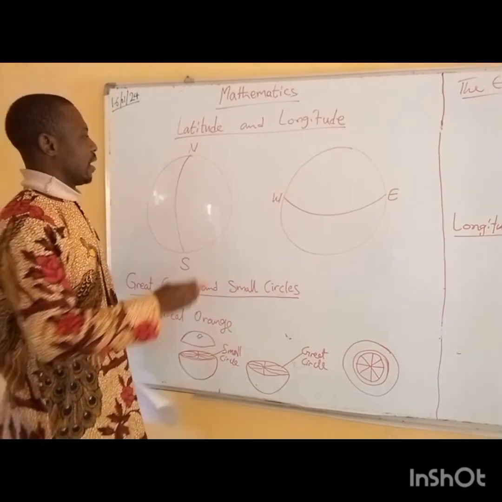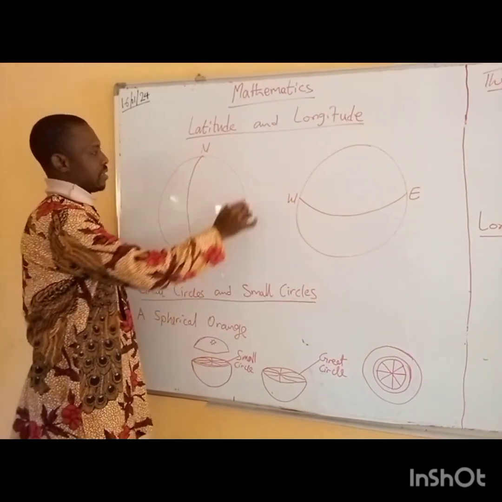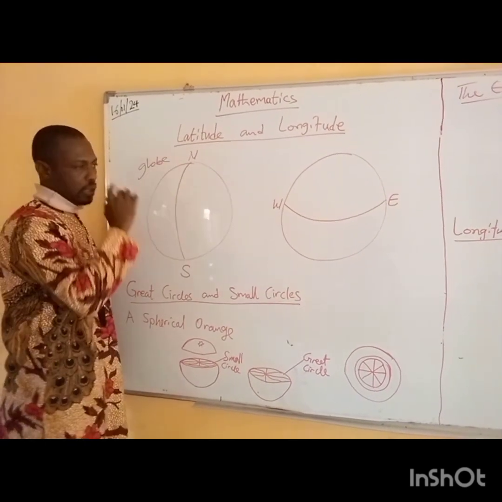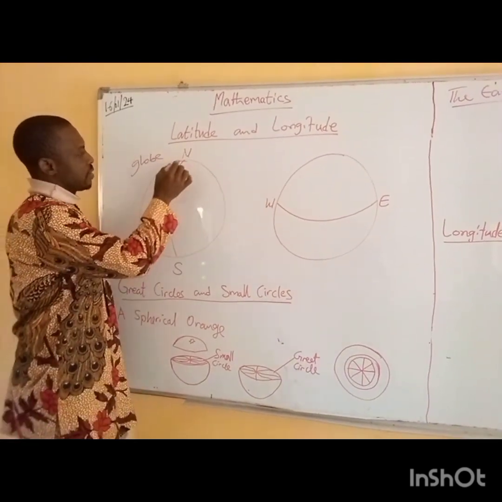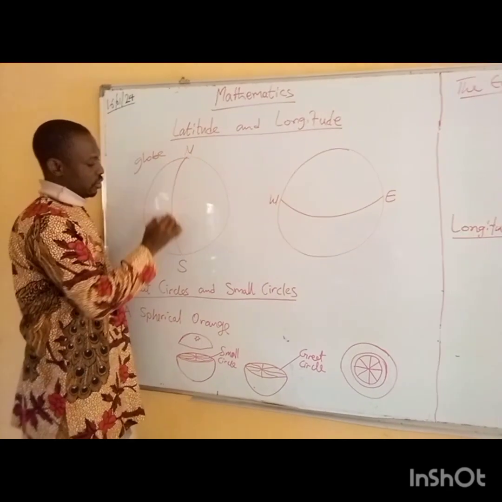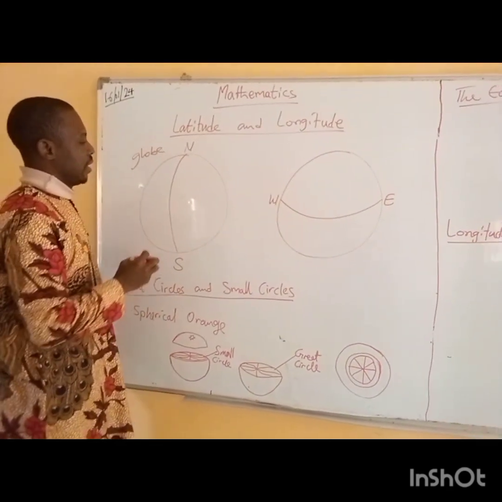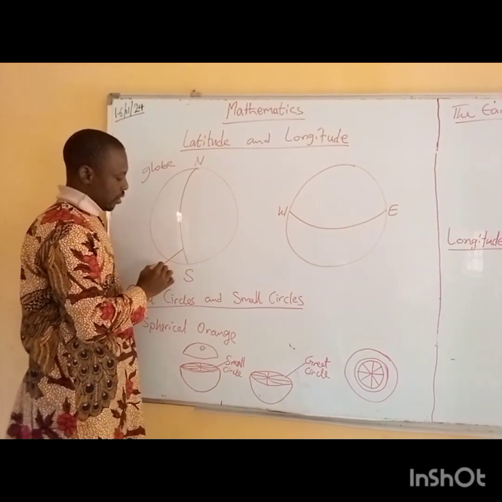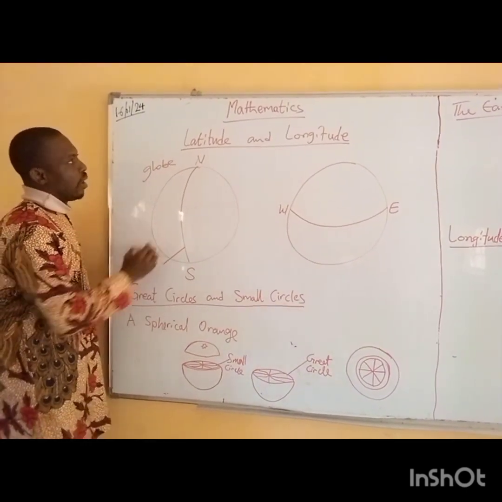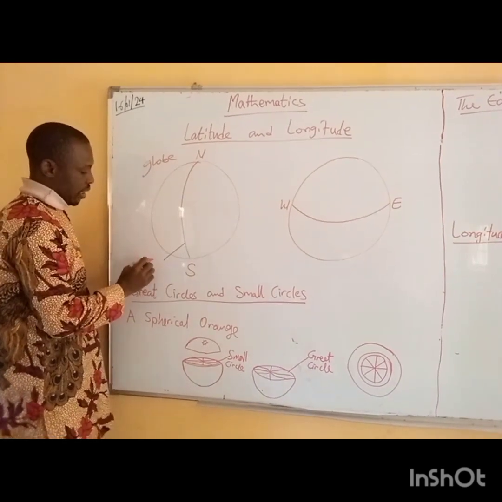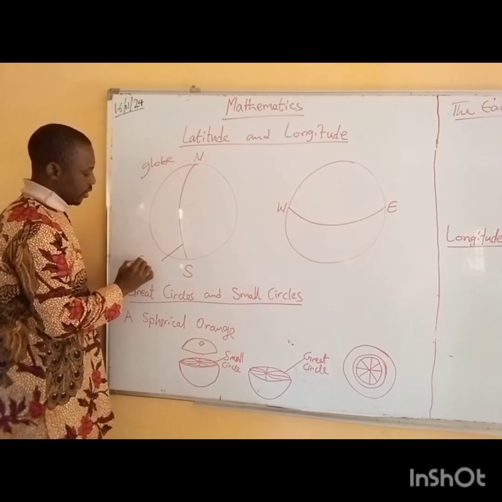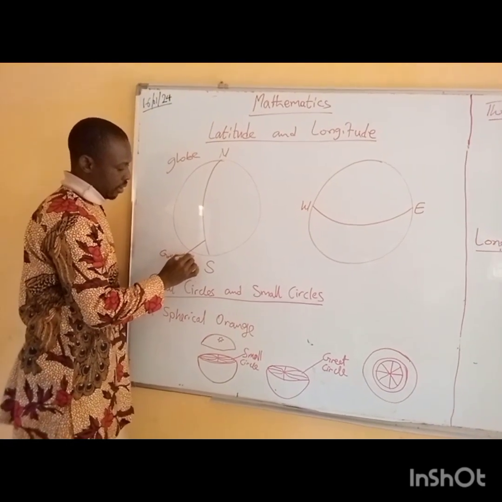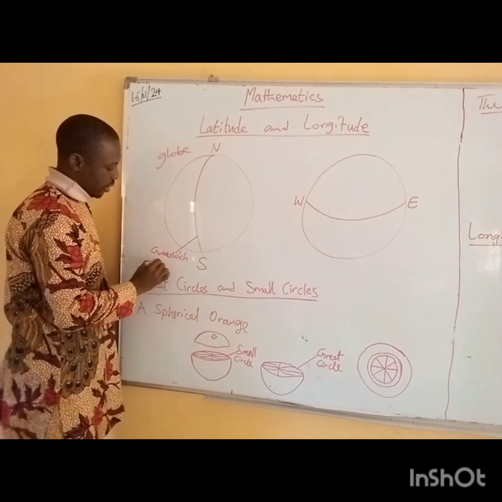For instance, you can take this circle as the globe, and this line from the north to the south as our line of longitude, and it is called the Greenwich meridian.